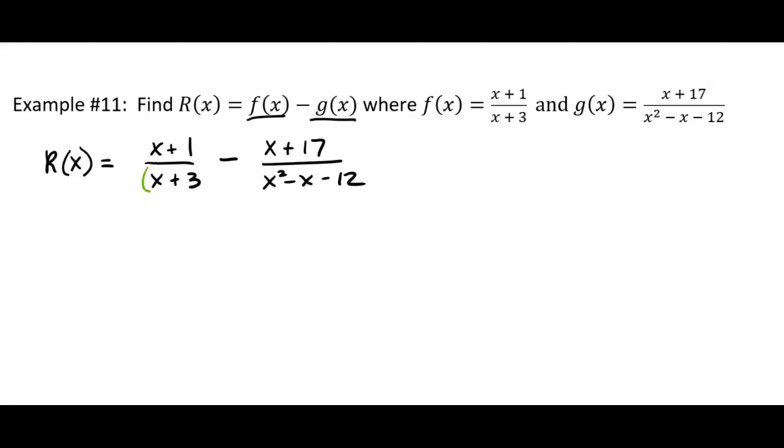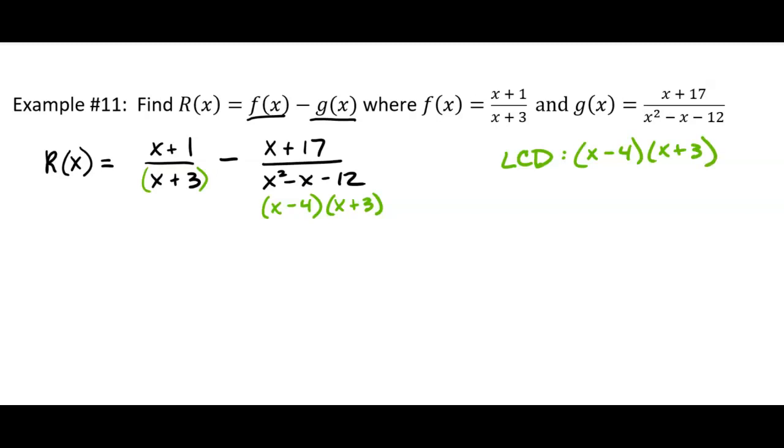Okay, so let's look at the denominators. x plus 3, that's the only factor in the first denominator. And then we're going to have to factor that trinomial, but it's going to factor into x minus 4 times x plus 3. Okay, so our LCD here is going to be x minus 4 times x plus 3.